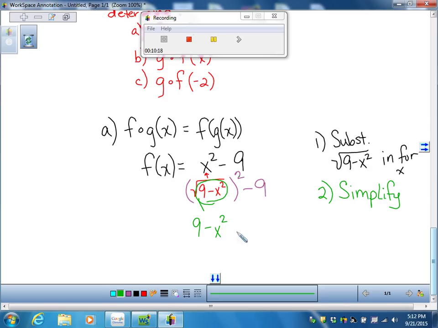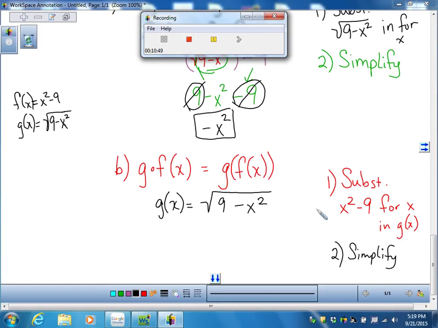On the outside, I also have this minus 9 that I'm bringing down. And finalizing my simplification, this 9 and this minus 9 cancel each other out. So I am left with negative x squared as my answer to part A, which was f of g of x. Go ahead and pause and write this down if you've not already done.